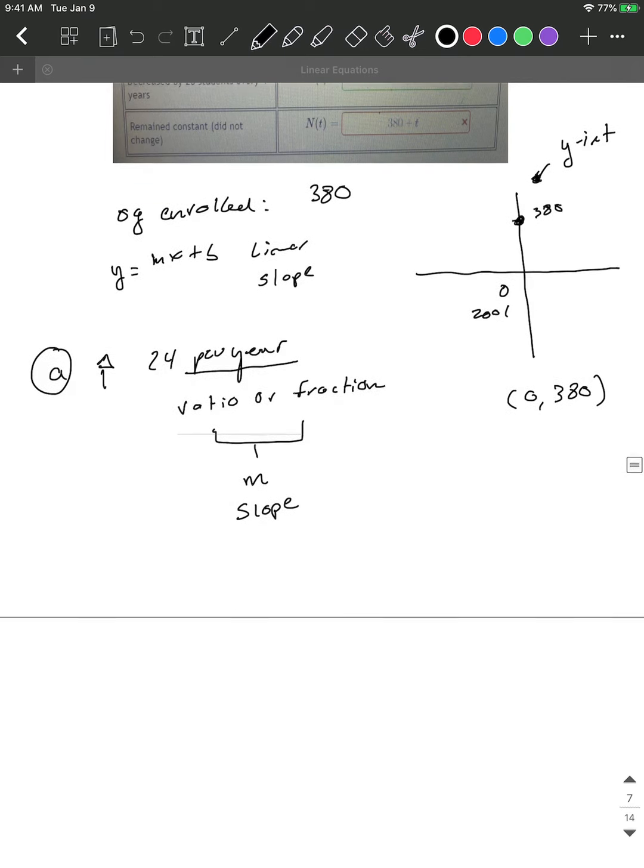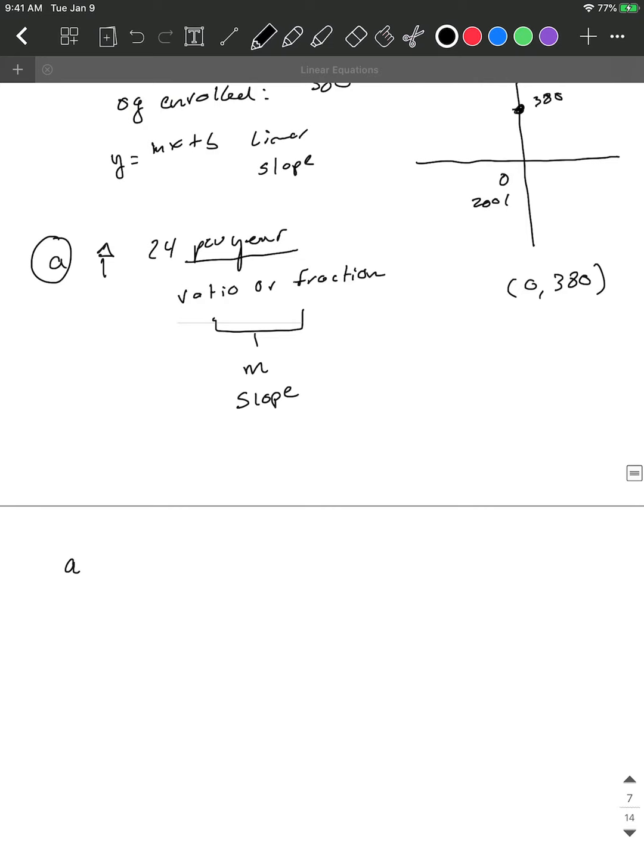So we get to start working with our equations. For question A, our y-intercept was 380, because that's what it started with originally. Then we know the slope is 24. From the information, y equals mx plus b. Remember, write it down. Keep on writing it, y'all.